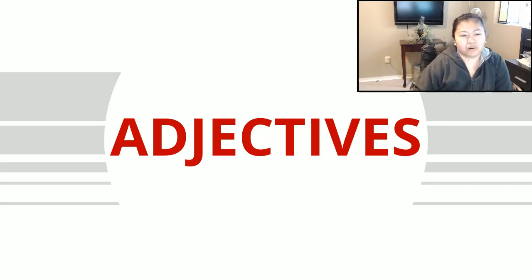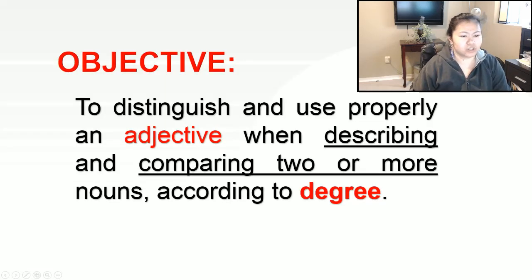So our main objective today is to distinguish and use properly an adjective when describing and comparing two or more nouns. And we know that a noun can be a person, a thing, or an event, which we can do according to degree or intensity.